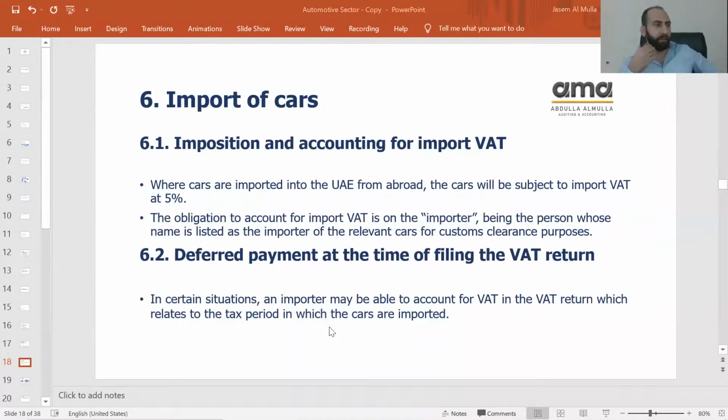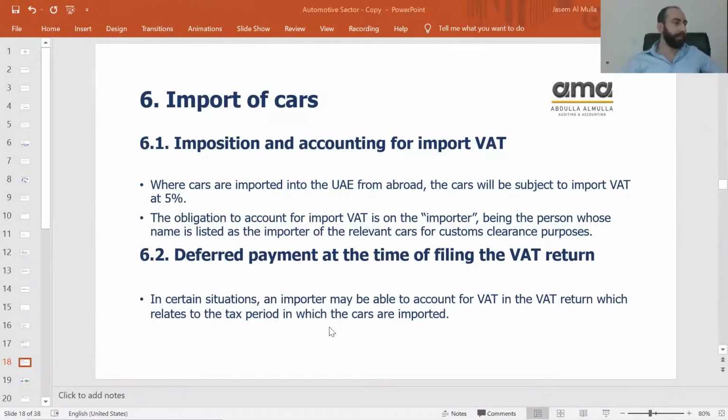Also, in order for this to occur, the importer must meet the following conditions. The importer must be registered for VAT at the time of import. The importer must have sufficient details for the FTA to verify the import and the VAT which is due on the import, and be able to provide this as required.